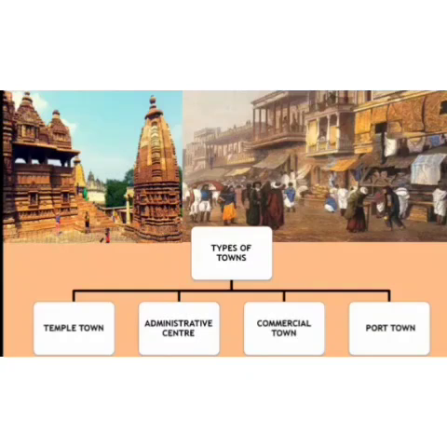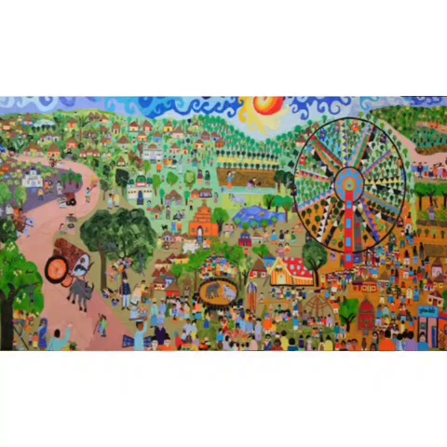Many a times the same town became a center for more than two activities as well. Okay, so based on their specialized functions, towns can be classified as administrative towns, temple and pilgrimage centers, commercial towns, port towns, and one more, craft production centers.